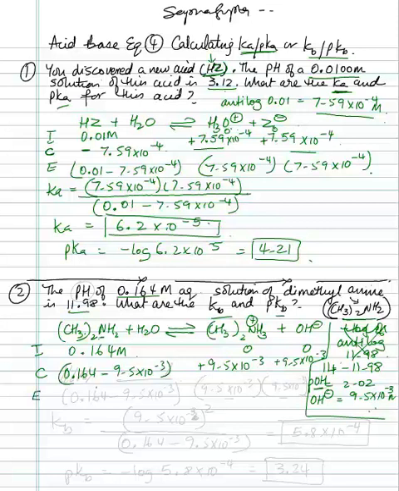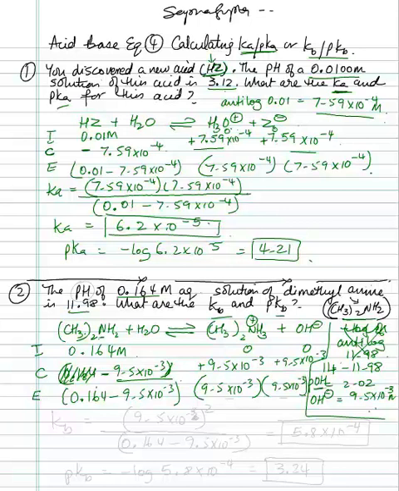Excuse me, I'm making another mistake, because that's my equilibrium concentration, 0.164 minus 9.5 times 10 to the negative 3. The change is 9.5 times 10 to the negative 3 for each. You probably know what I'm doing anyway.